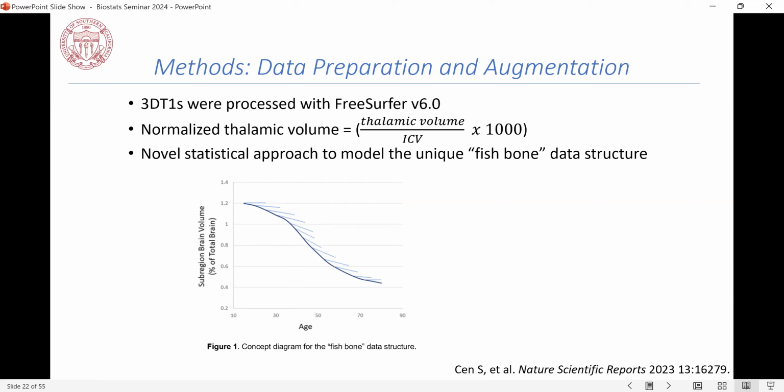If you look at large, high quality cross-sectional nonlinear data, you can have a population-based trend, right? It's just like the spine bone of the fish. And the longitudinal data is just like when you grow the rib cage bone.